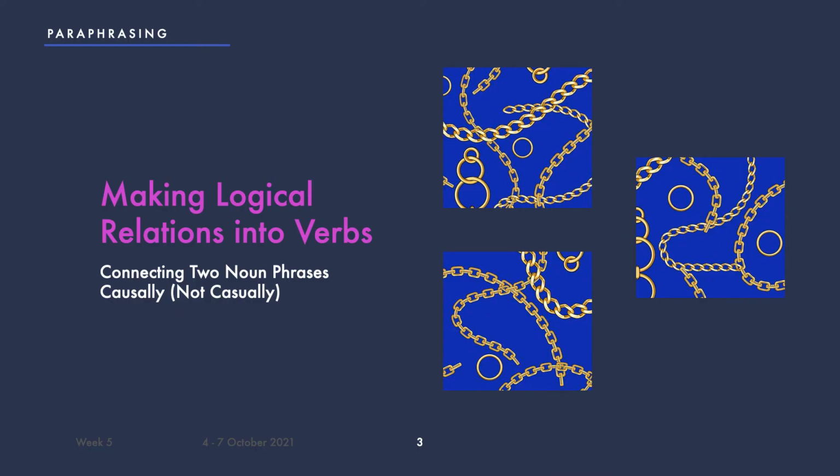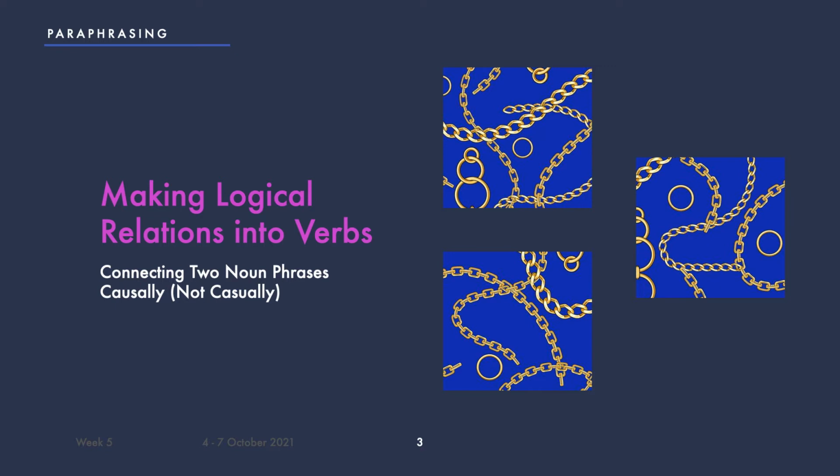So this is the main part of this tutorial, in that we are going to make logical relations into verbs. By logical relations, as we are going to explain in a minute, we mainly mean the logical connectors that we use in English, that means conjunctions.